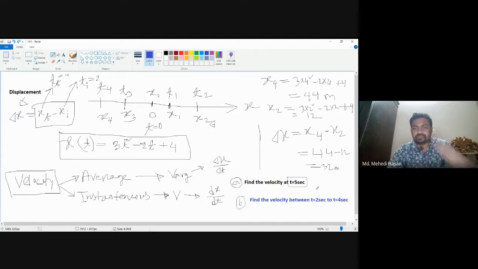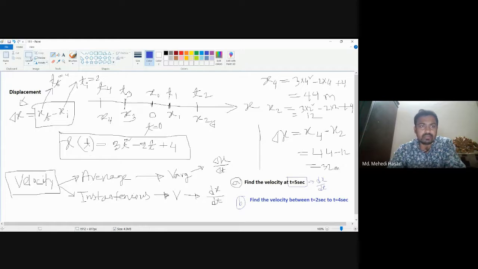Now for the first one, the equation will be mainly dx by dt, because here the variable is t. Okay, so the variable here is t, so that's why dx by dt.